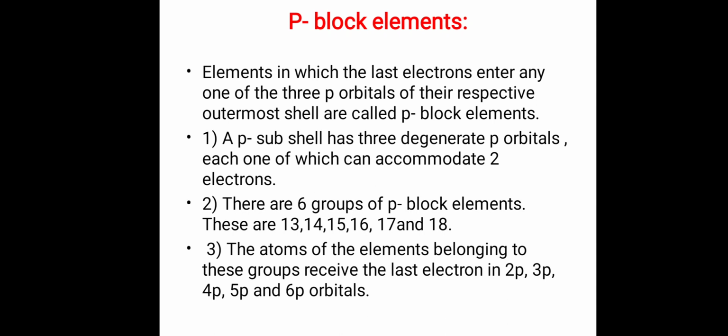These are the 13th, 14th, 15th, 16th, 17th, and finally 18th group. The atoms of elements belonging to these groups receive the last electron in 2p, 3p, 4p, 5p, 6p. Moving down the group, in boron 2p, aluminum 3p, gallium, indium, thallium, it ends up in 6p.